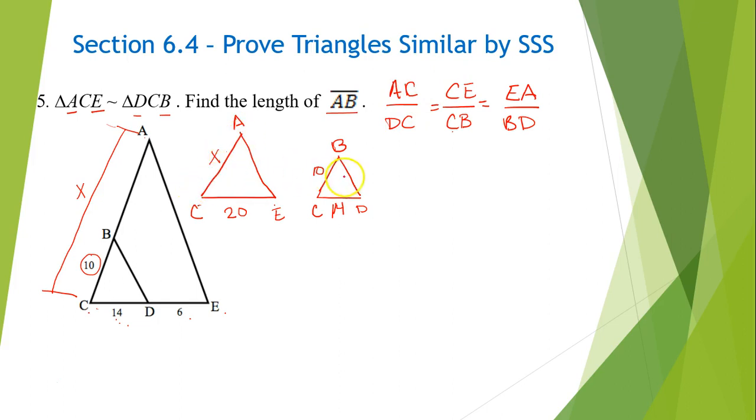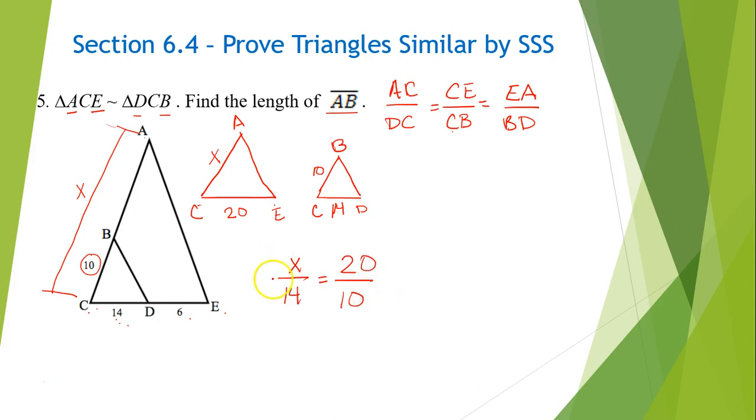AC is x and DC is 14. So x over 14 is equal to, in CE, we have that's 20, and BC, that's 10. So 20 over 10, there is an equation for us.